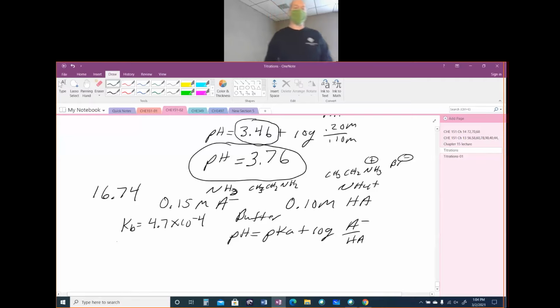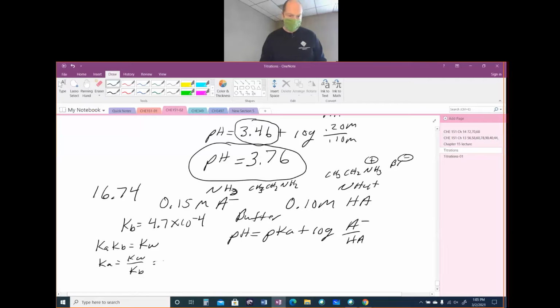Except this time we don't have the Ka, we have the Kb. So you have to always know that your Ka times your Kb is equal to your Kw. We need to solve for Ka, which is your Kw divided by your Kb. So when you take 1 times 10 to the minus 14 and divide by the 4.7 times 10 to the minus 4, you have the Ka.